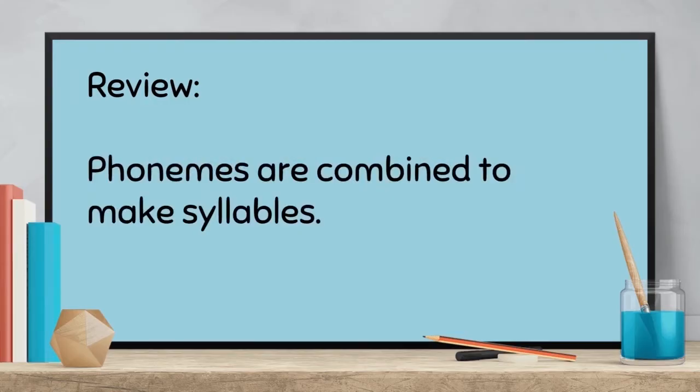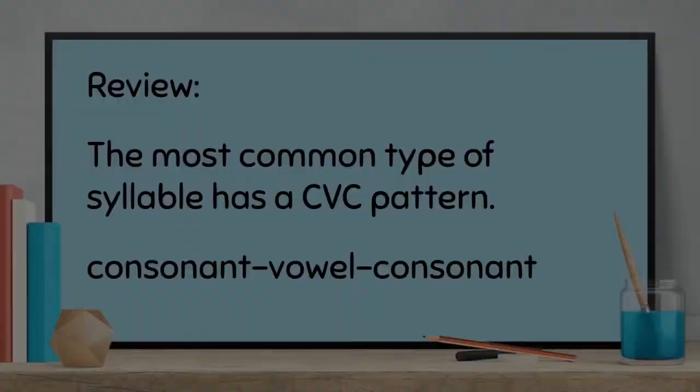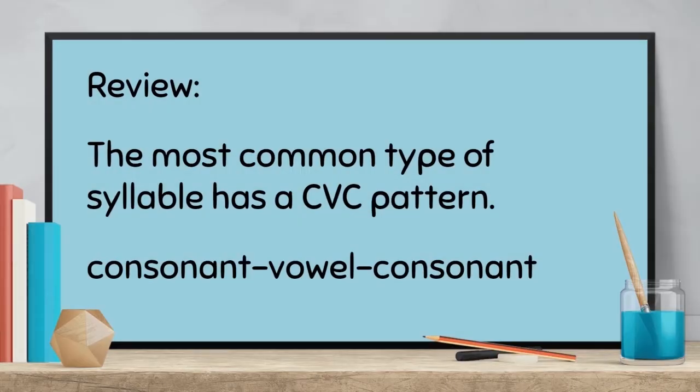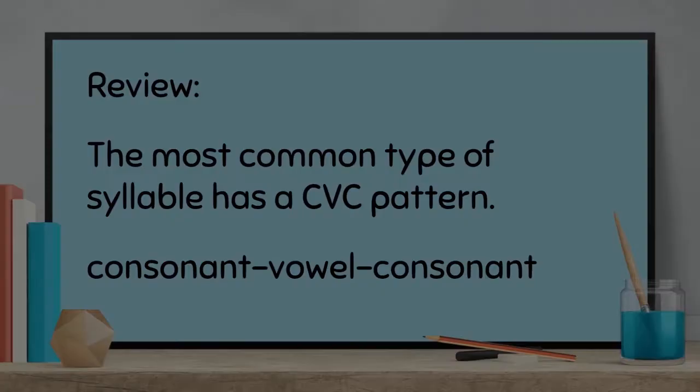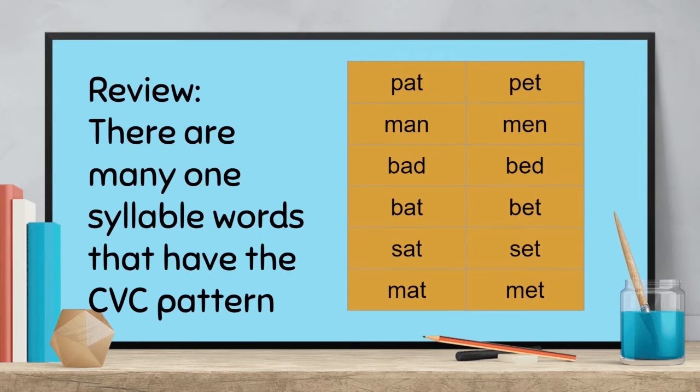We put all of these different little word parts, letter combinations, these phonemes, together to make syllables. And the most common type of syllable has a CVC pattern, a consonant, then a vowel, then a consonant. There are a lot of these simple words out there, and a lot of these CVC syllables within other longer words. So we want to just start here.